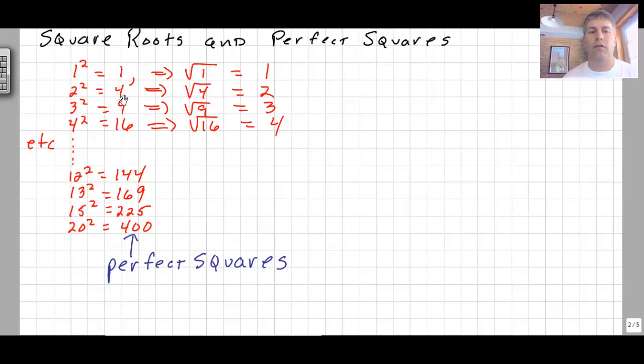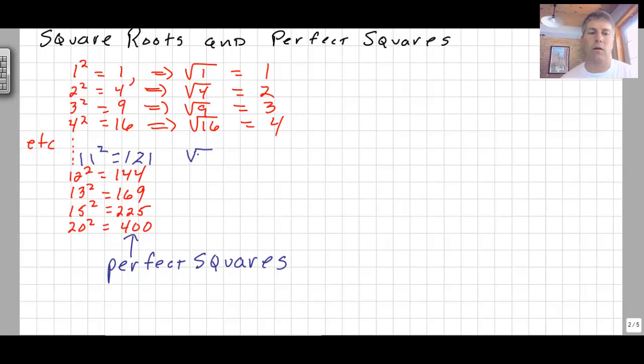So 2 squared is 4. So the square root of 4 is 2. 4 is our perfect square. 9 is a perfect square. 16 is a perfect square. So 25, 36, 49, 64, 81, 100, even 121. 11 squared equals 121.